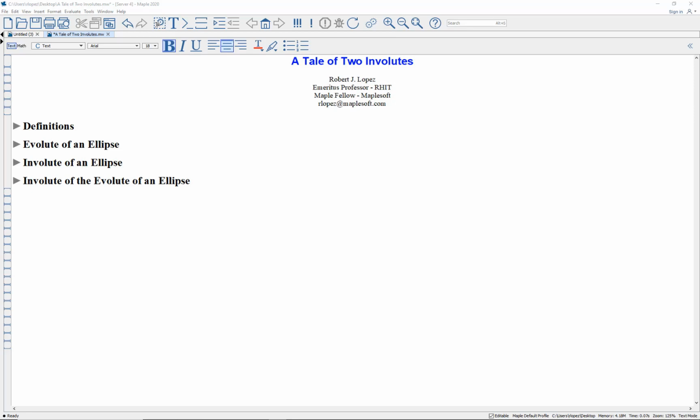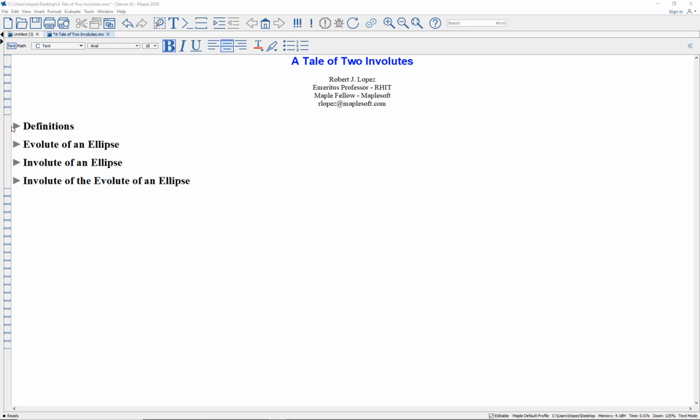And if the two terms evolute and involute have been wisely chosen by the math community, then the involute of the evolute should get you back to the original ellipse. The extent to which that happens is what I'm exploring in this webinar.